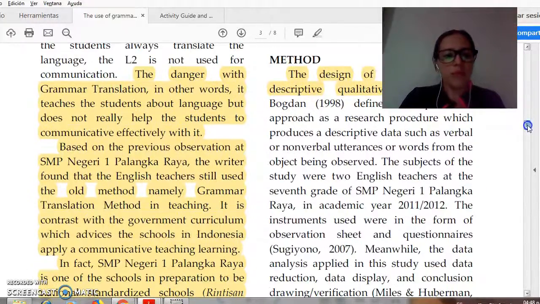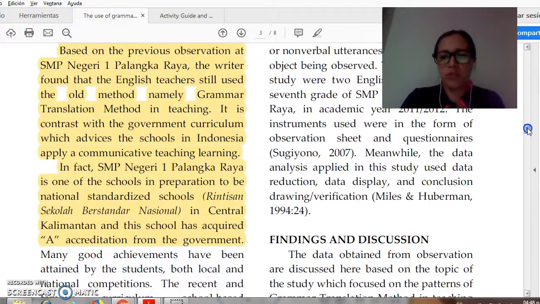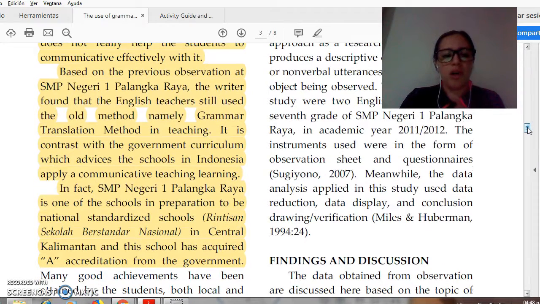Now, it says here, based on the previous observation, we found that both teachers that were being observed used the grammar translation method in contrast of the government's curriculum and the school's advice, where they should have applied a communicative teaching learning.